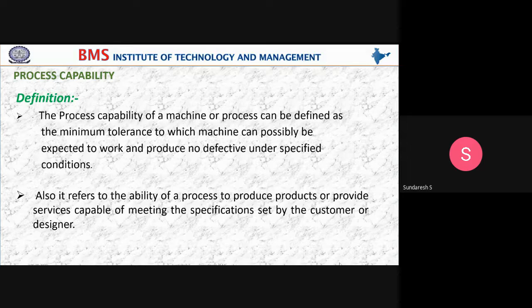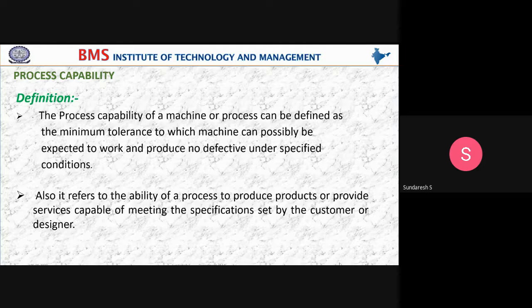The machine should produce parts which are not defective under the specified conditions. This is the exact definition of process capability. I will just read it once again: the process capability of a machine or a process can be defined as the minimum tolerance to which the machine can possibly be expected to work and produce no defective under specified conditions, right?